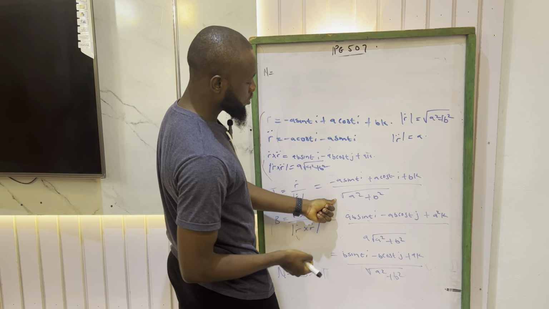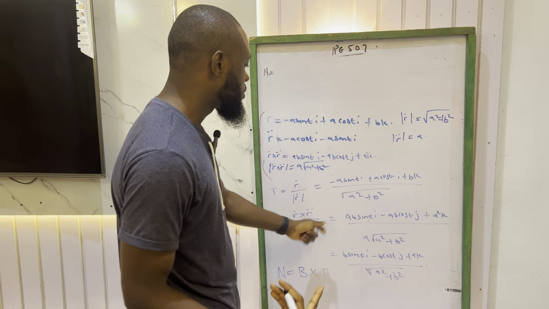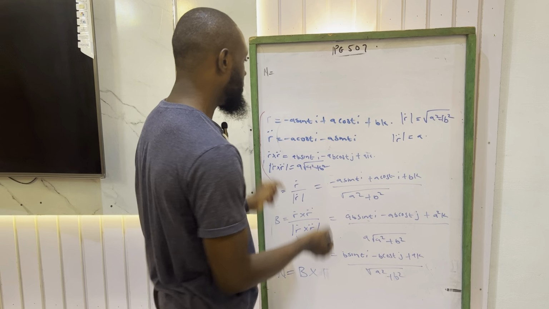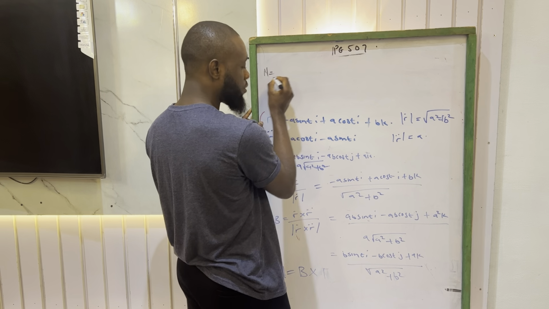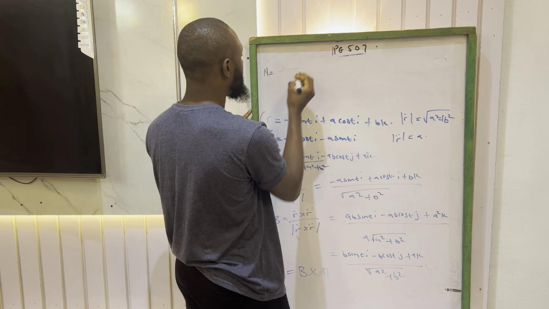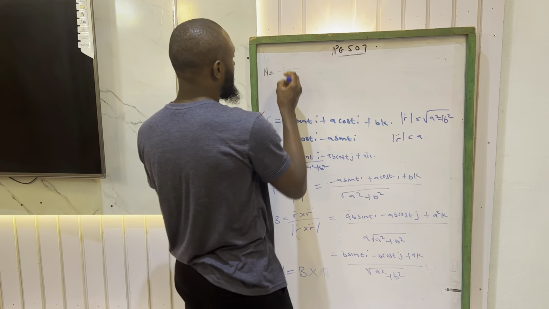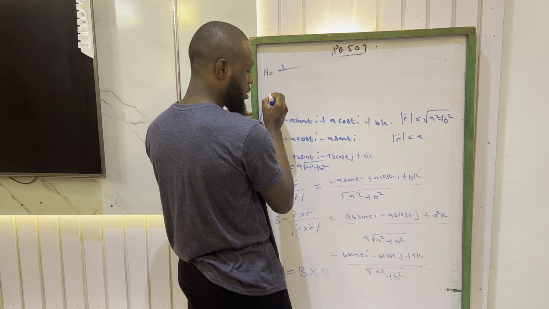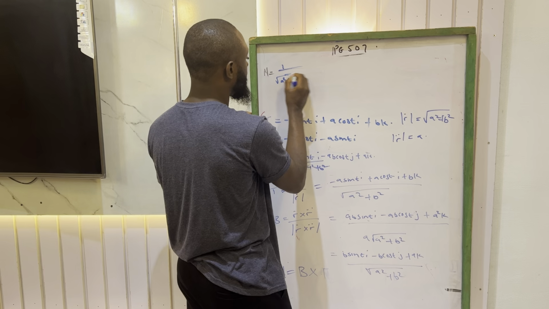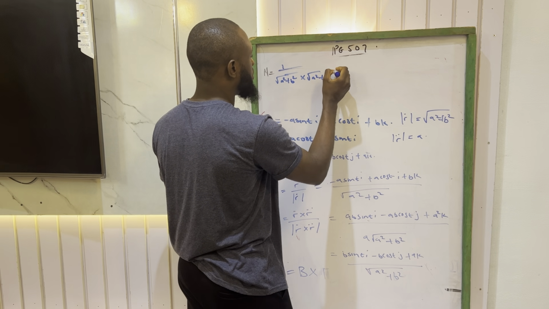So we don't consider these constant terms; we only bother about this, so we can bring them out. So we have 1 over square root of a squared plus b squared times square root of a squared plus b squared.